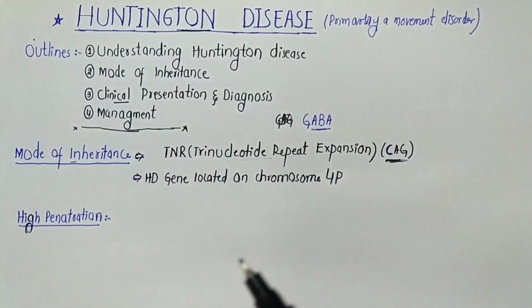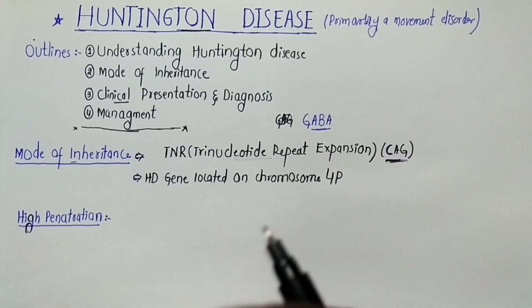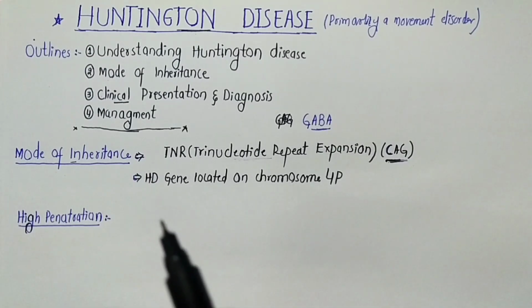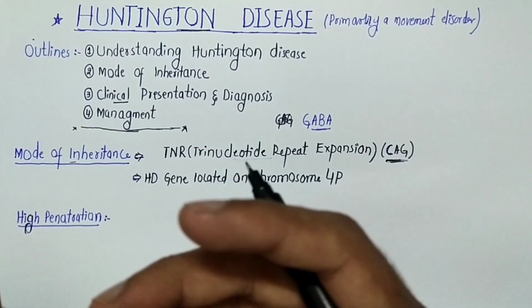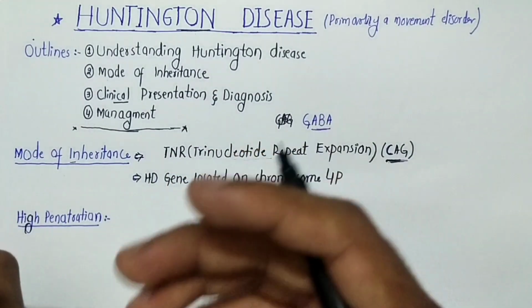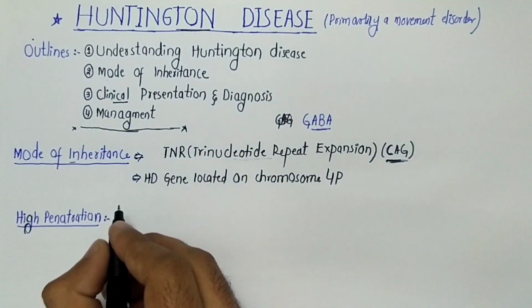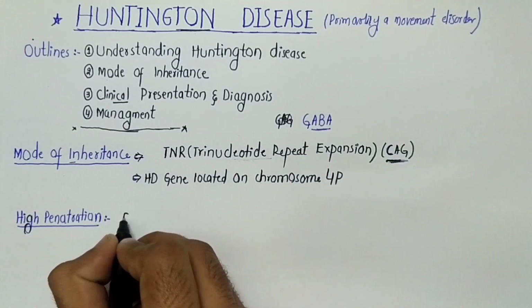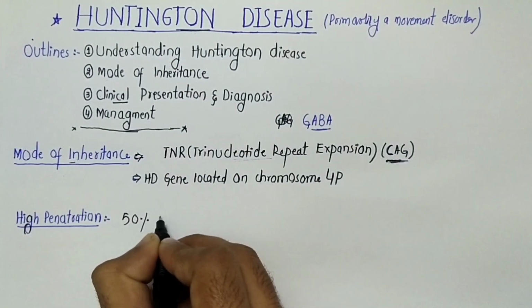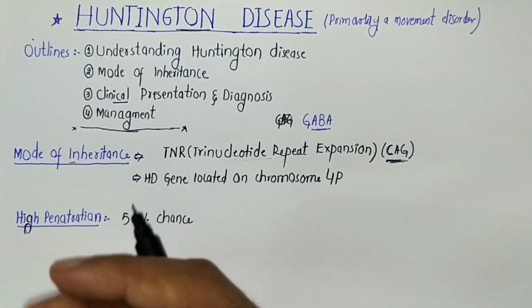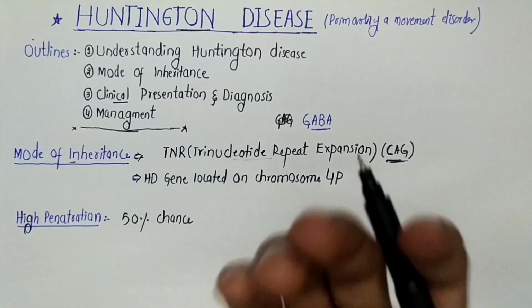Penetrance means that if a parent has a genetic disease, what is the risk that the offspring will actually get the disease from the parent? In the case of Huntington disease, there is a 50% chance of the disease being transferred from parents to children.